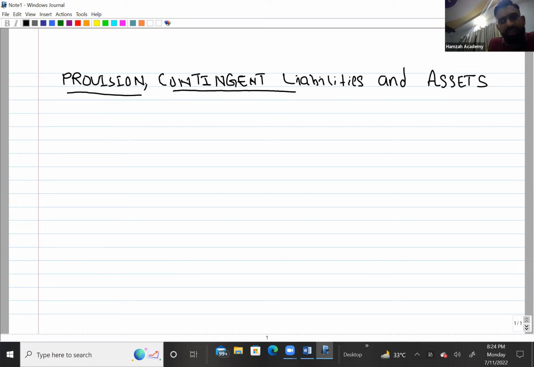Provisions, contingent liabilities, and contingent assets. And the accounting standard is IAS 37. So, making the class interactive, anyone who wants to share their knowledge about provision?